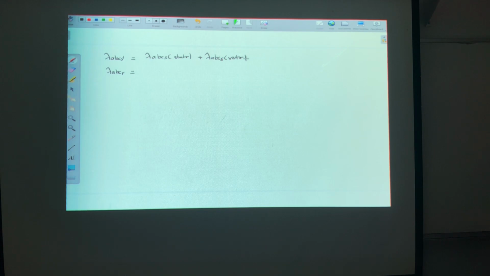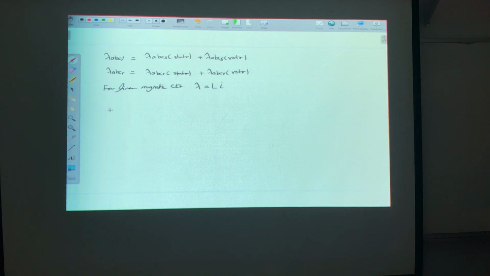lambda ABCR, correct? Lambda ABCR due to a current in the stator plus lambda ABCR due to a current in the rotor. Now here, for a linear magnetic circuit, we can assume that lambda can be described as Li, correct?